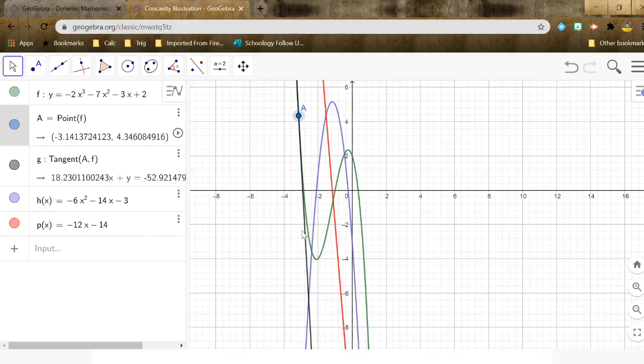Now you can see where the first derivative is increasing, the red second derivative is above the x-axis. That's where we have the concave up. Where the second derivative is below the x-axis, that's where we have that concave down. So this is what we're talking about when we talk about the relationship between f prime and f double prime. Let me get rid of this real quick.